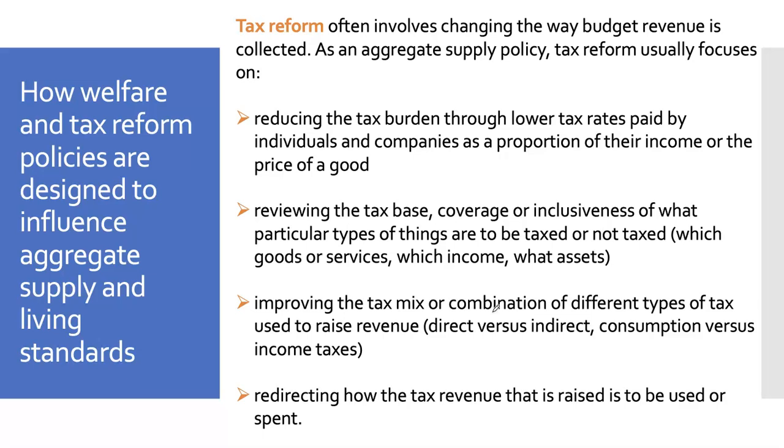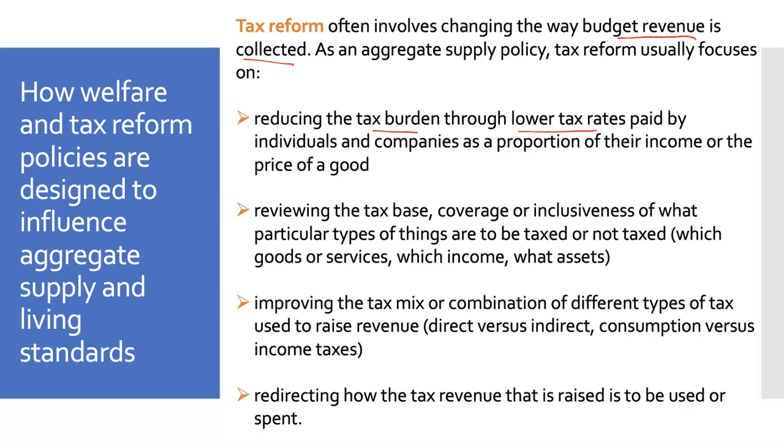So tax reform can often just be considered a way of changing the way budget revenue or budget receipts are collected. As an aggregate supply policy, tax reform usually focuses on four ways to do this. They may reduce the tax burden through lower tax rates paid by individuals and companies as a proportion of their income.